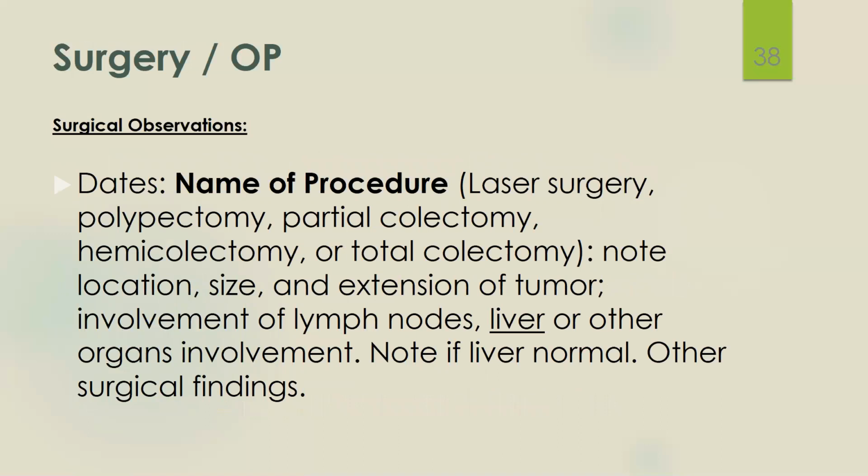And then, of course, the surgery or the operative findings with the date goes here, and the name of the procedure goes here, and then any kind of findings as far as where the location of the tumor is, the extension of the tumor, if there's lymph nodes involved or other organs. If they're not, and the surgeon puts in his op note that those are all normal, it's still important to put that information in your text.